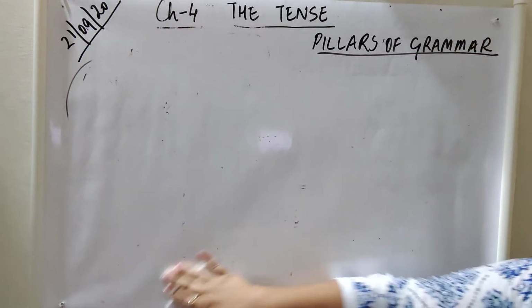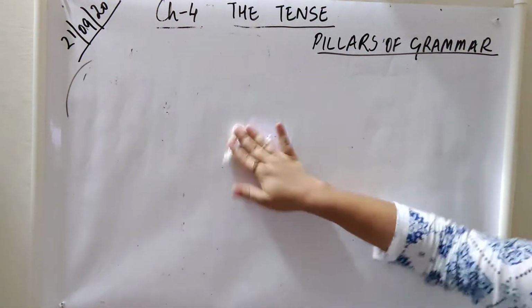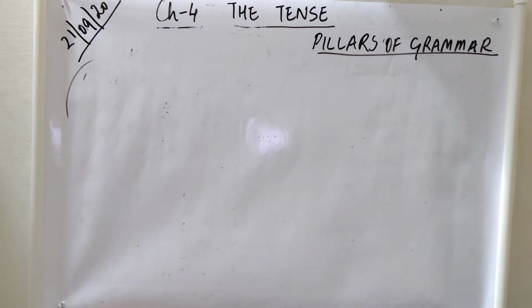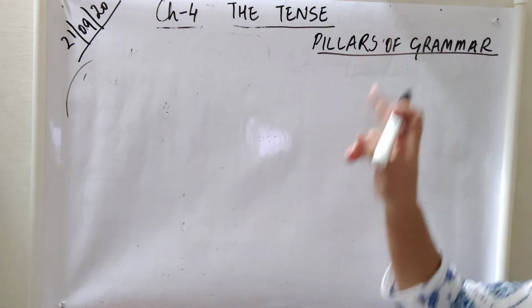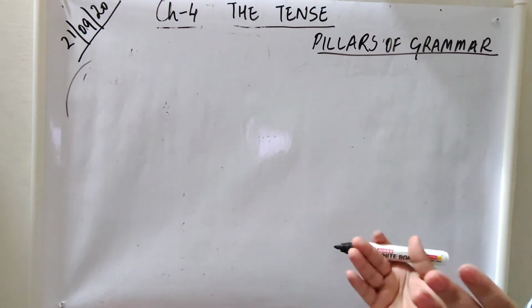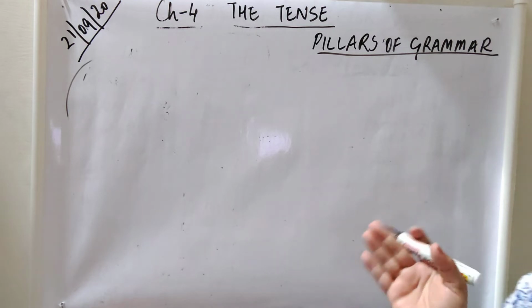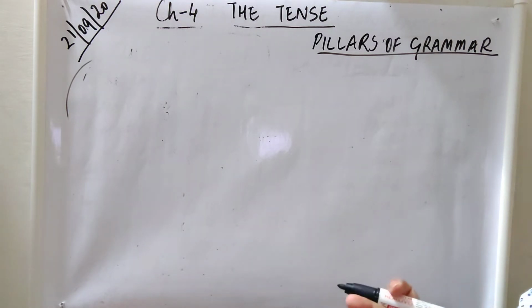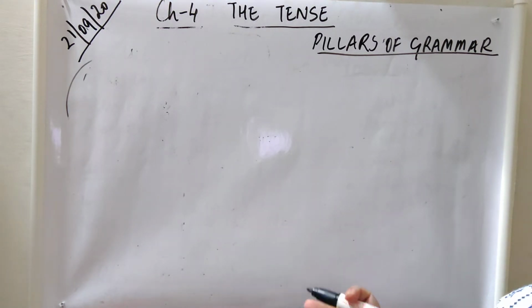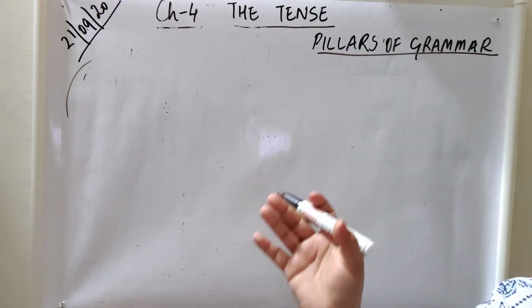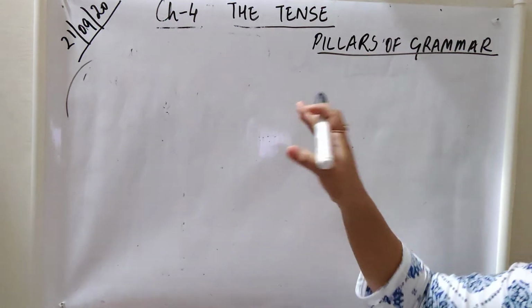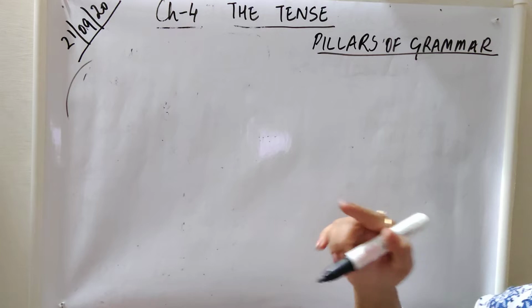Now children, on the board I have written that there are some pillars of grammar. Pillars are what? A building is constructed on big, huge pillars. If you go outside and see the metro rail project, the metro is running on pillars. So pillars are the foundation of construction.